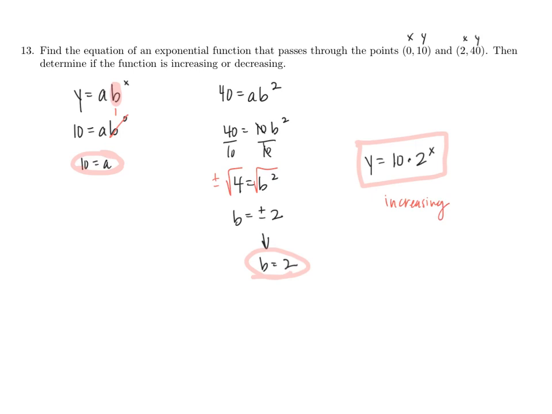We know that this is an increasing function because our base, b, is greater than 1. So if it was a proper fraction, then it would be a decreasing function. So for example, if we would have found that b is 1/3, then that would make it a decreasing function. But since it's greater than 1, it's an increasing function.